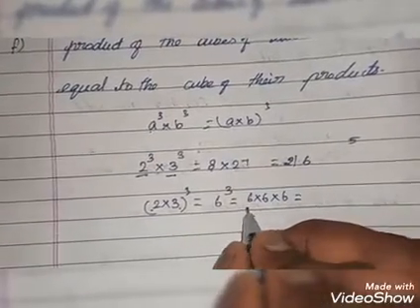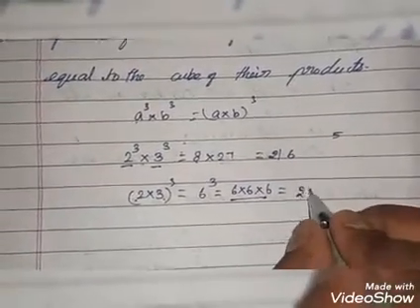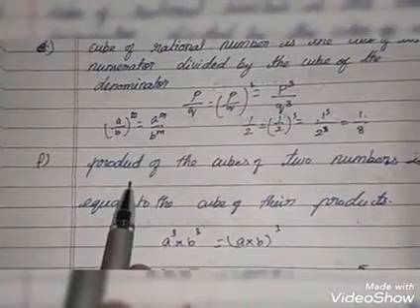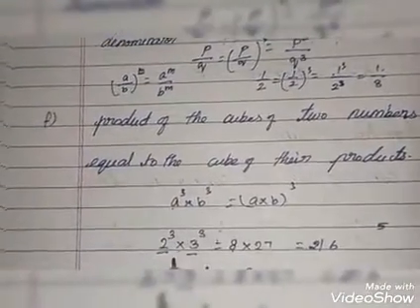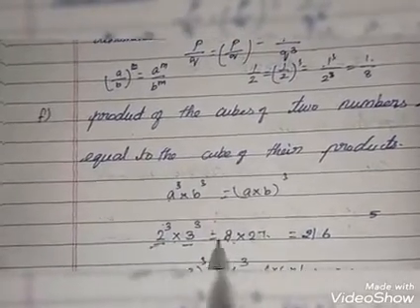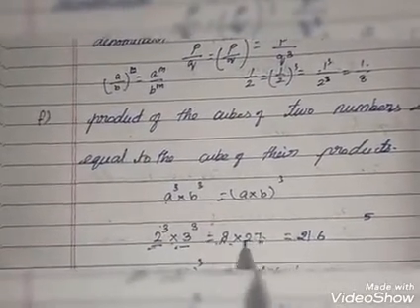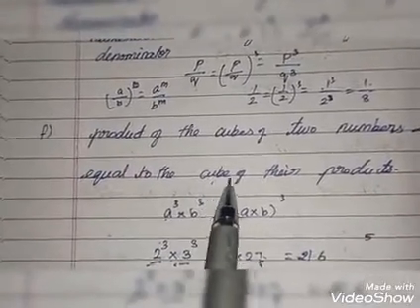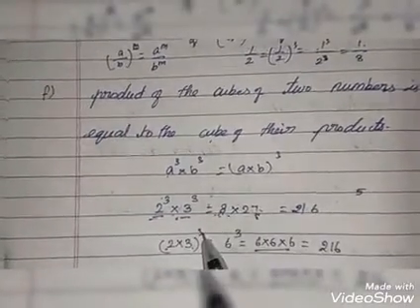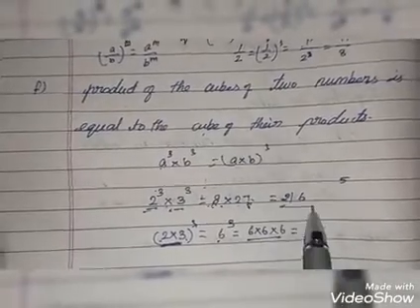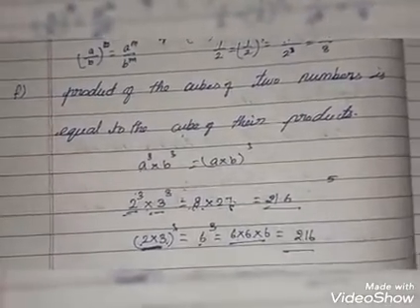You multiply 6 three times and get the same 216. So this is the property: the product of the cubes of two numbers, cube of 2 into cube of 3, is equal to the cube of their product, that is 6 cube. You get the value 216.